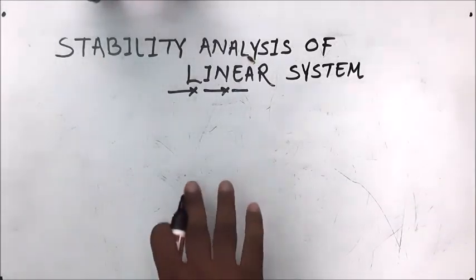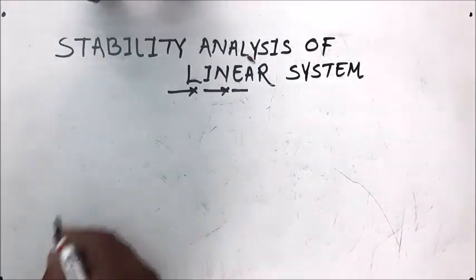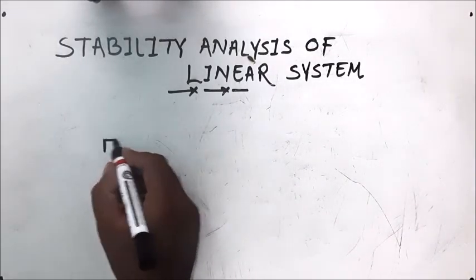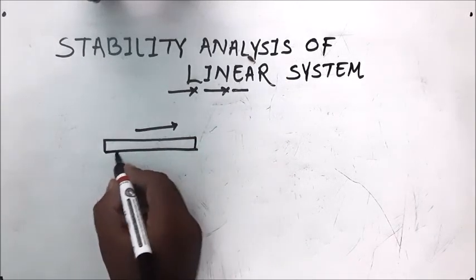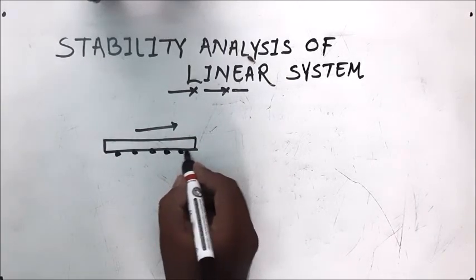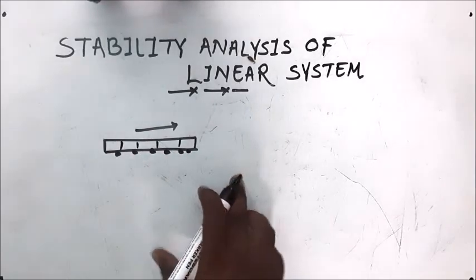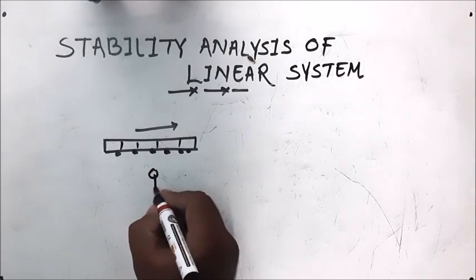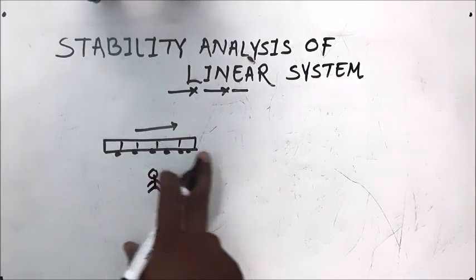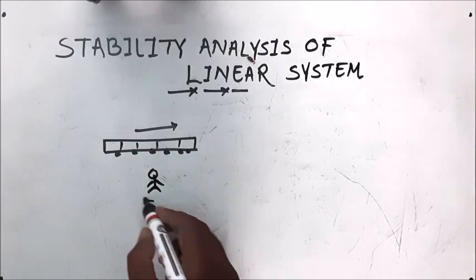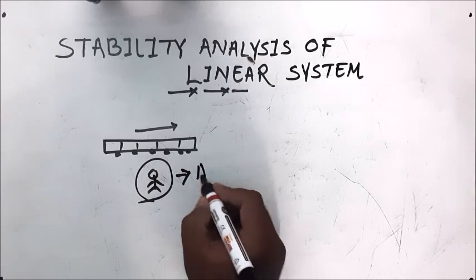So let us come back to the class 7 problem, the train problem. Let's say this is a train traveling from left to right. Do not consider this an actual train, this is an example. From left to right, and you are standing here. The speed of the train that you observe is called absolute speed.